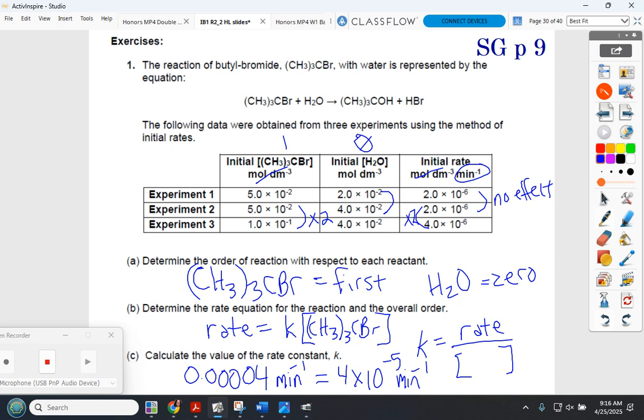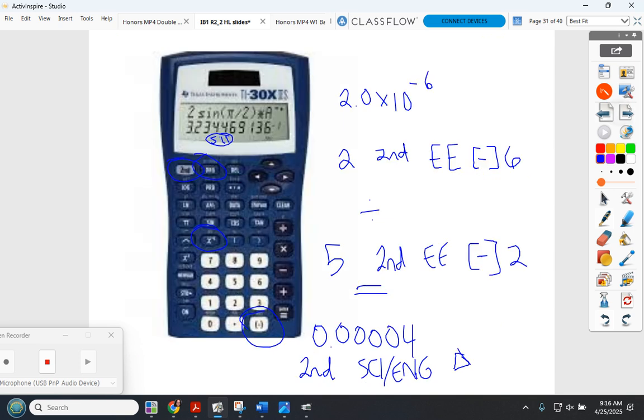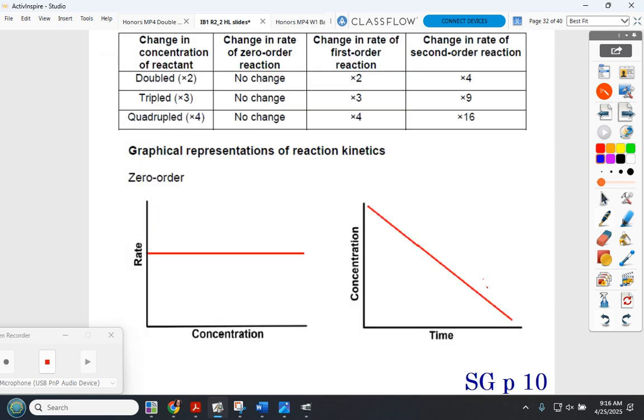I want to go a little bit further today to talk about these different orders of reaction and what it would look like in a graph. This is something that you can do if you are doing, say, an IA experiment, and you want to know the overall order of reaction for the reaction that you're studying.